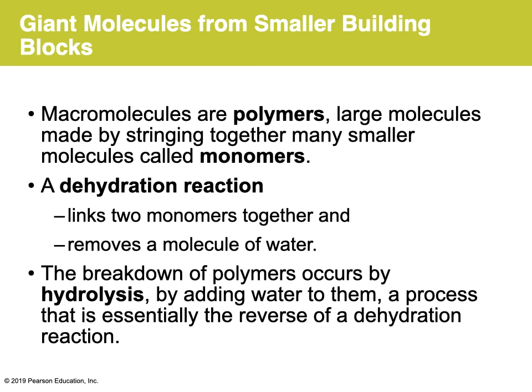The breakdown of polymers occurs by hydrolysis, by adding water to them, by inserting water at a point of a bond. That's going to be the reverse of the dehydration reaction. Instead of pulling out a molecule of water and using that energy to bind together 2 monomers or monomer to a growing polymer, you're actually sticking water in and splitting them apart.